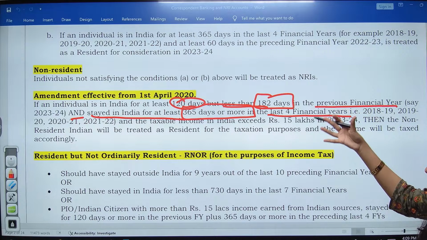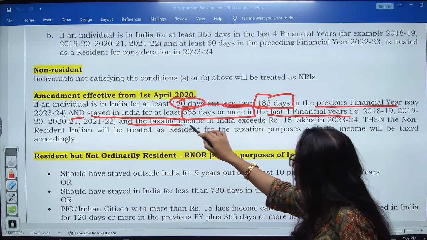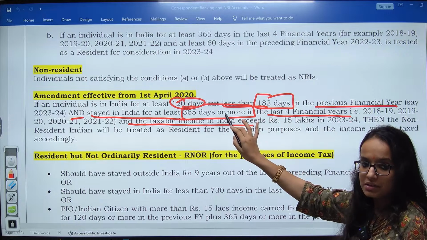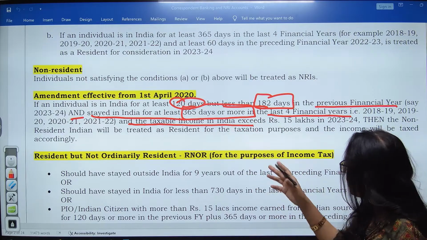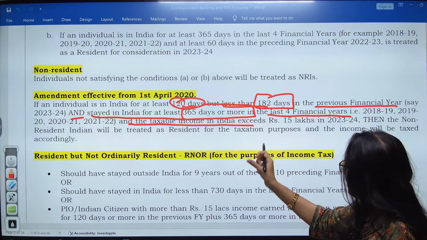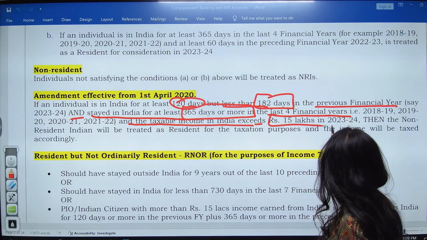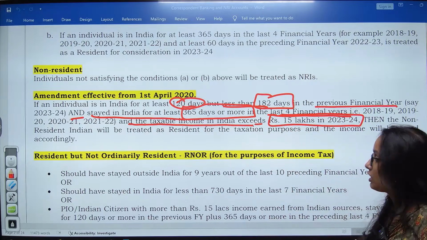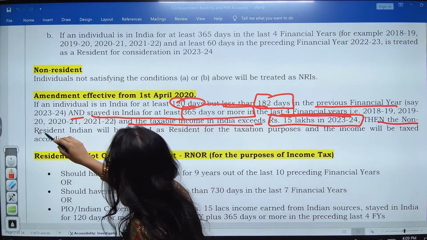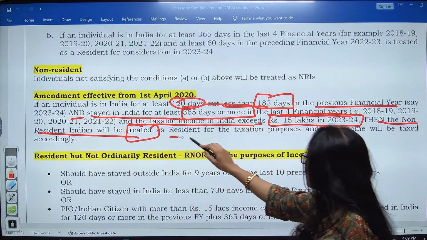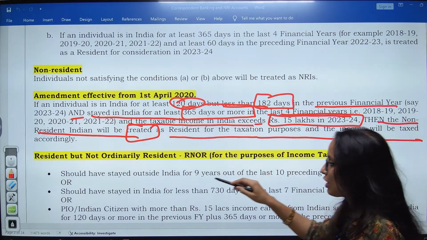That is the same criteria as we have discussed above, and the taxable income in India of that person exceeds rupees 15 lakh in 2023-24, then the non-resident Indian, the NRI, will be treated as resident for the taxation purpose, and the income will be taxed accordingly.